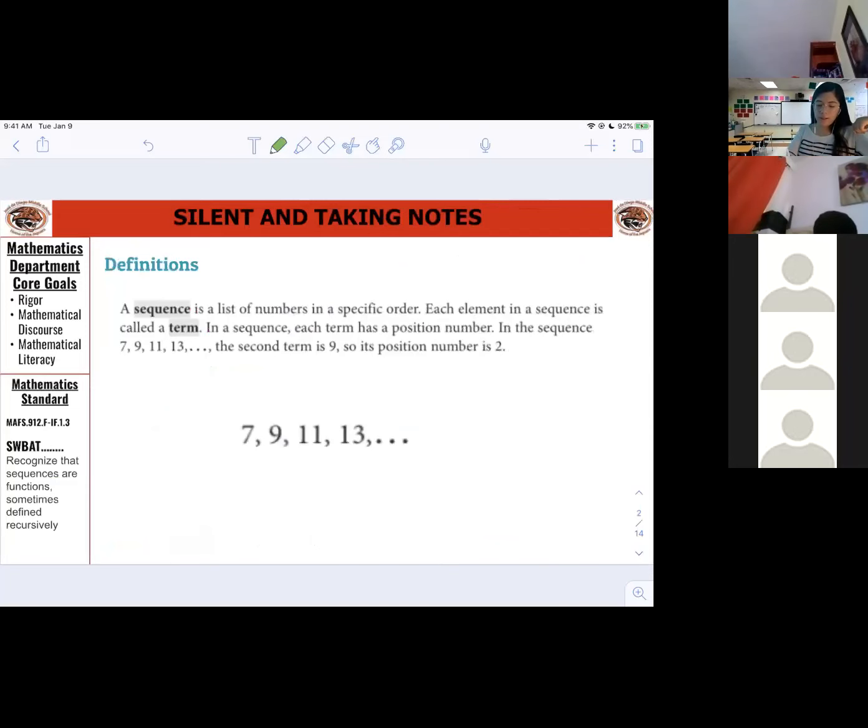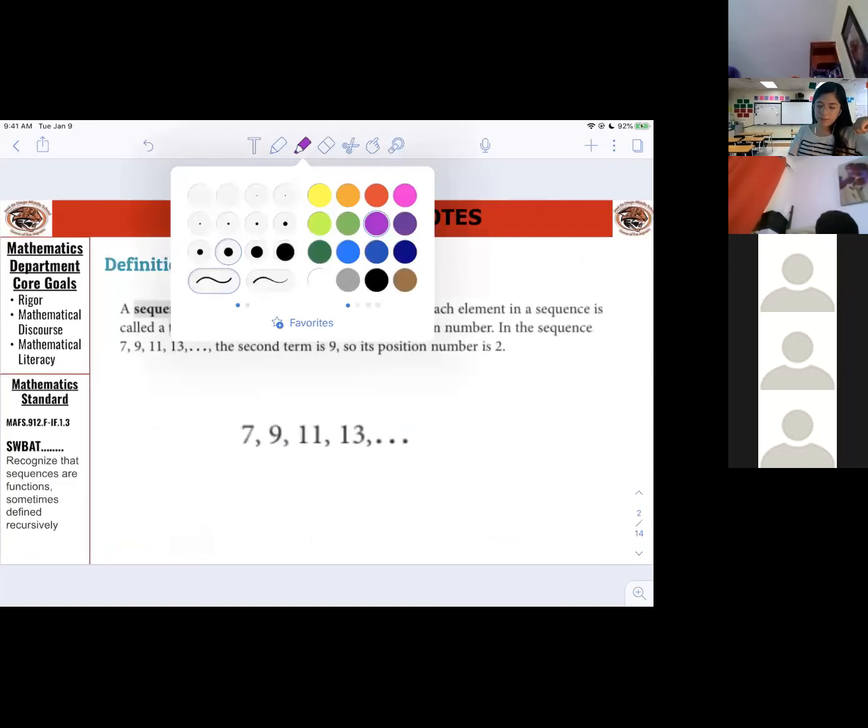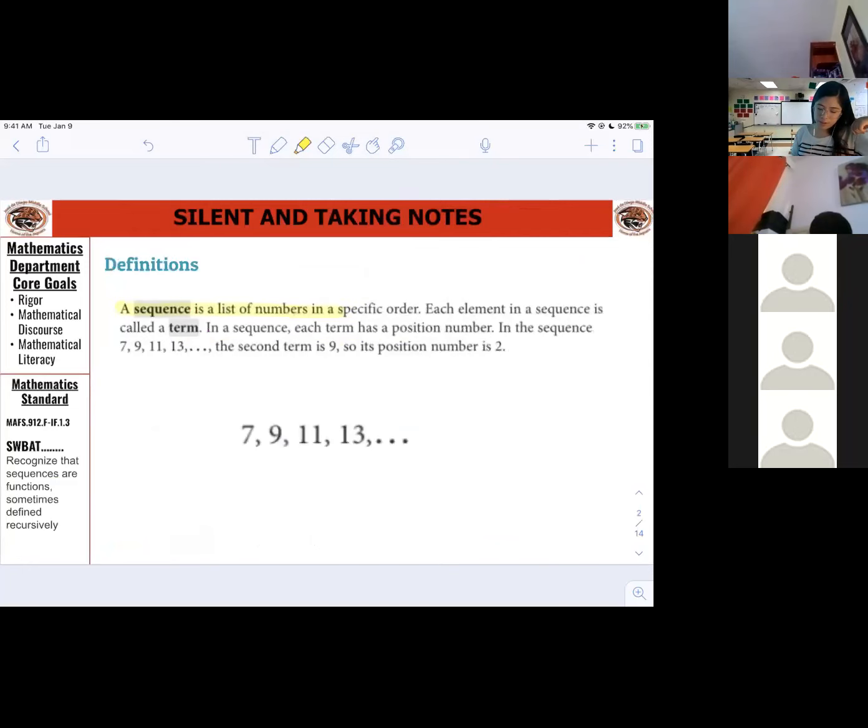So a sequence, we're going to write down the following definition. A sequence is a list of numbers in a specific order. Each element in a sequence is called a term. In a sequence, each term has a position number. So just start by writing that down.